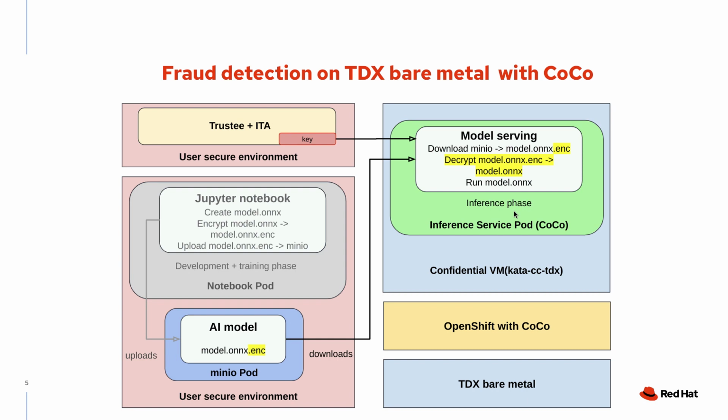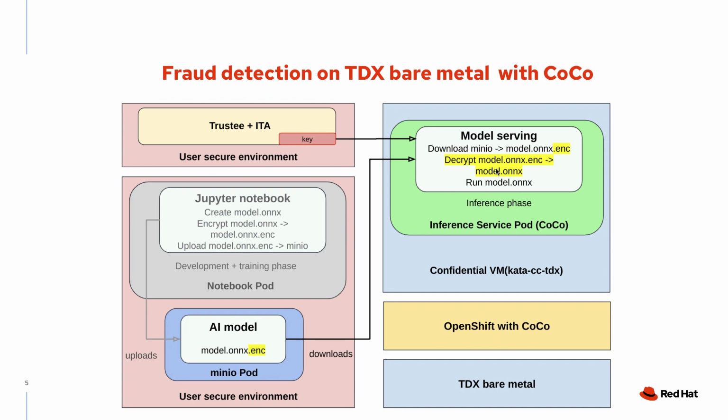How about with the confidential containers enabled? The main difference is that the AI model is encrypted in this demo. So after the AI model is developed and trained, we encrypt this AI model and upload the encrypted AI model to the storage. When serving this model, it downloads this encrypted AI model and then decrypts it using the decryption key.